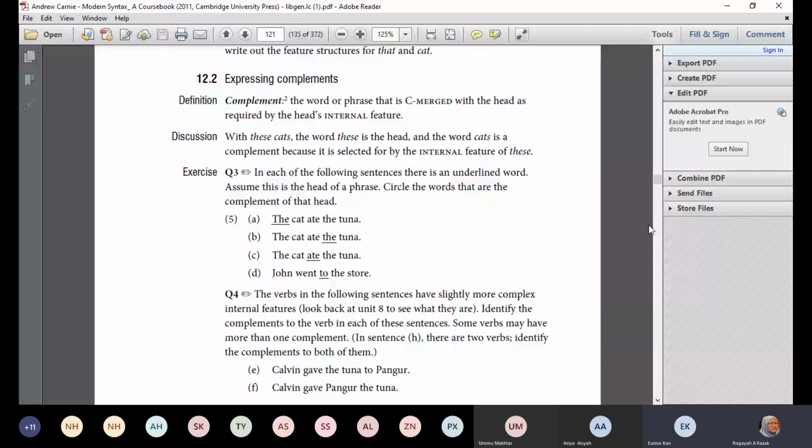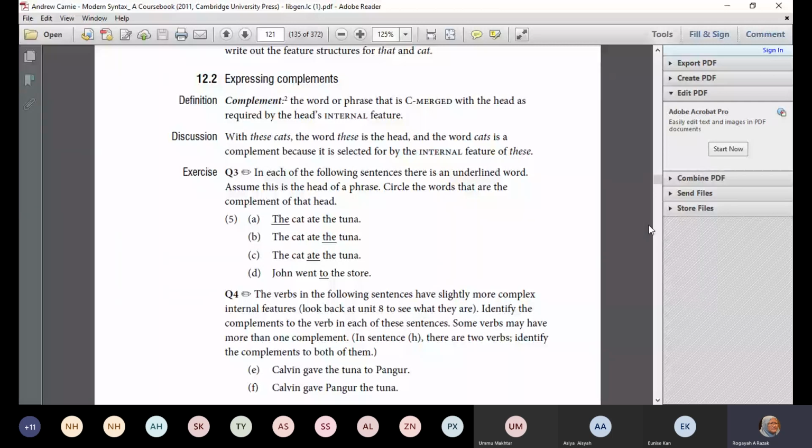If we look at the tuna, you have to decide which is the head and which is the complement. So the is the head, tuna is the complement. And then we go to a higher constituent, which is the VP, ate. Ate is a verb, and a verb always signals a VP.